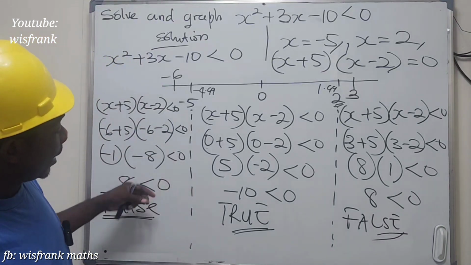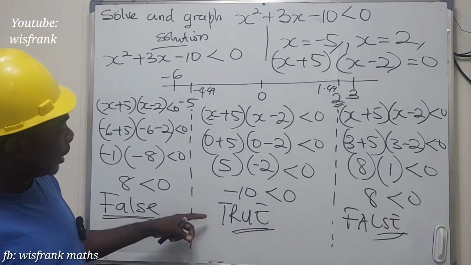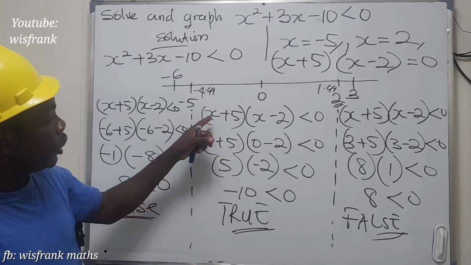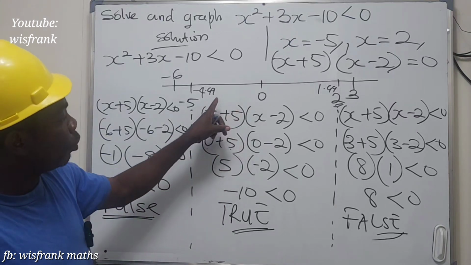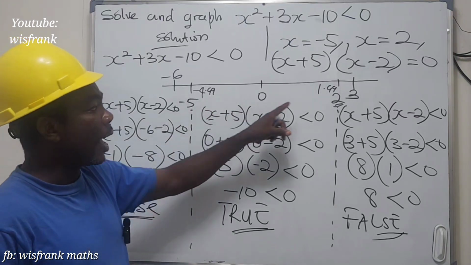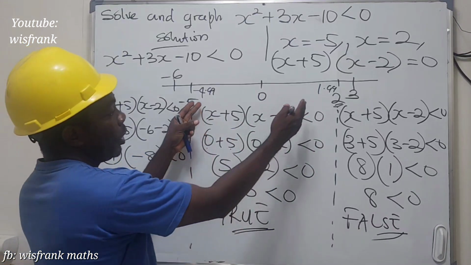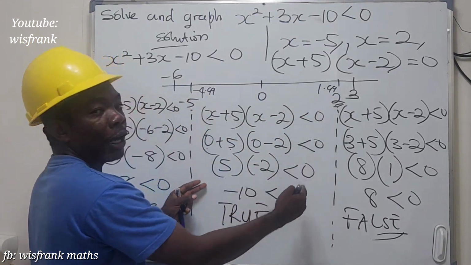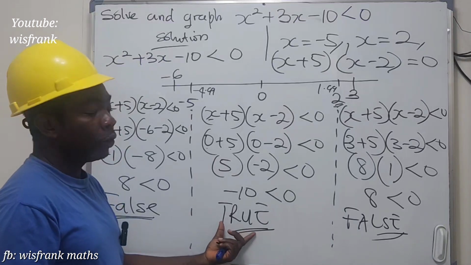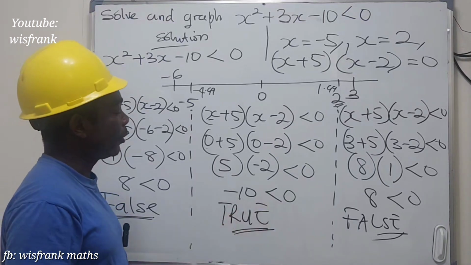So these are the statements of this inequality, and the only one that is true is when x is in between minus 5 and 2, which are not inclusive. So the true values of x will fall within this range.